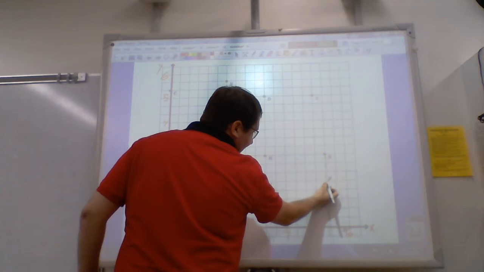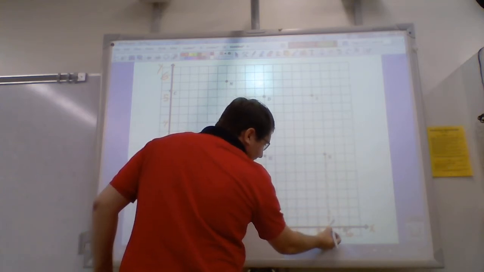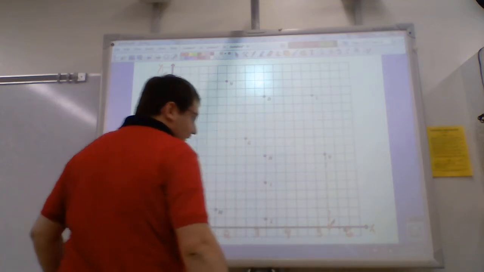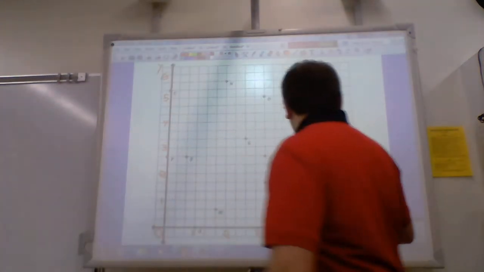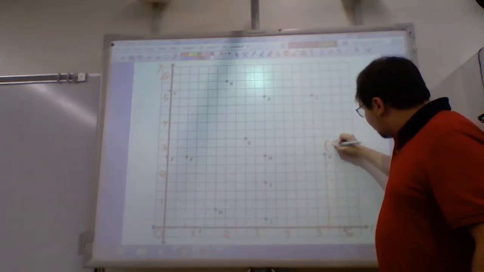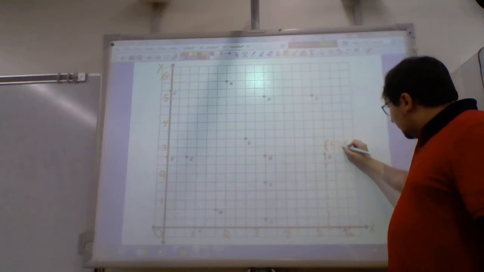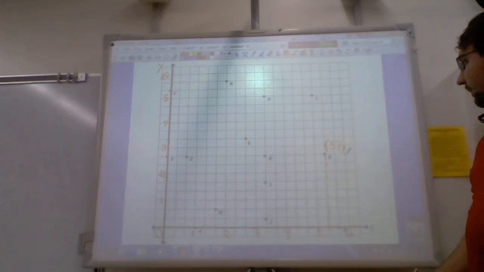K will drop down a line and we'll hit right here. Right there, that's 5 1/3. So the first part of our coordinate pair is going to be 5 1/3. What's the other half of our coordinate pair going to be?